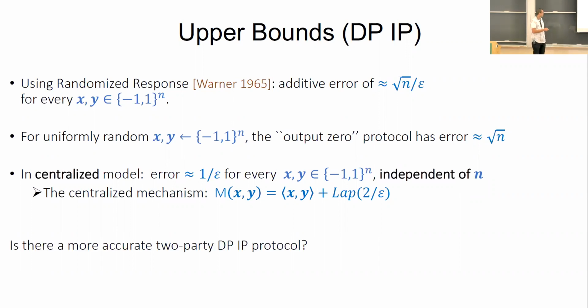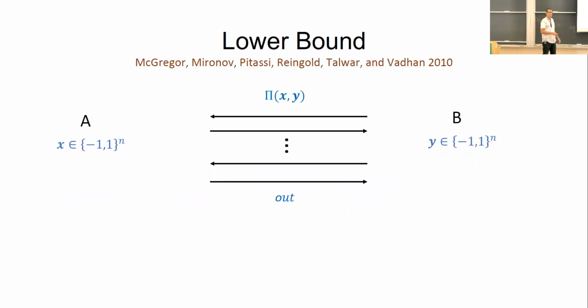So this leads to the following question: is there a more accurate two-party DP IP protocol? And IP in this case, we are denoting IP as the inner product in all this talk. It turns out that there isn't.